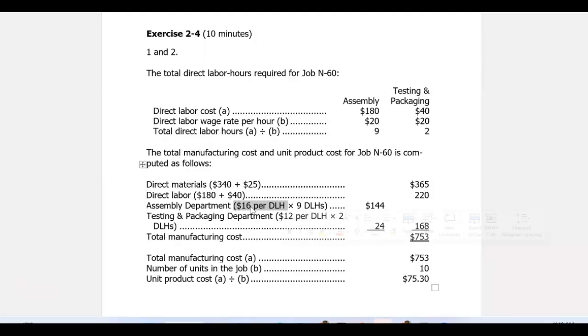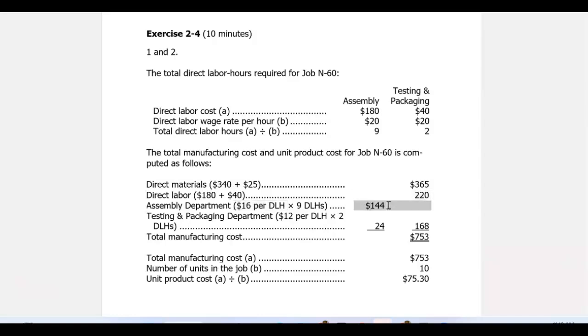And then you get the predetermined rate. Remember, these are just estimated. So based on that estimation, in assembly it's $16 per direct labor hour, and for packaging, it's $12 per direct labor hour.